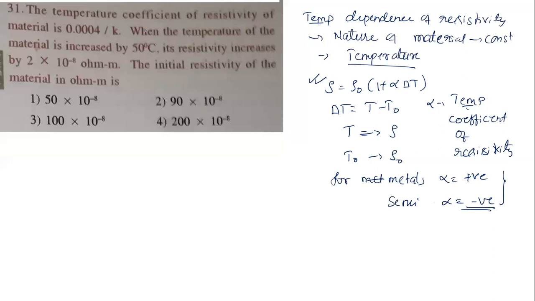The temperature coefficient of resistivity alpha is given as 0.0004 per Kelvin. I'll write it as 4 into 10 power minus 4 per Kelvin.